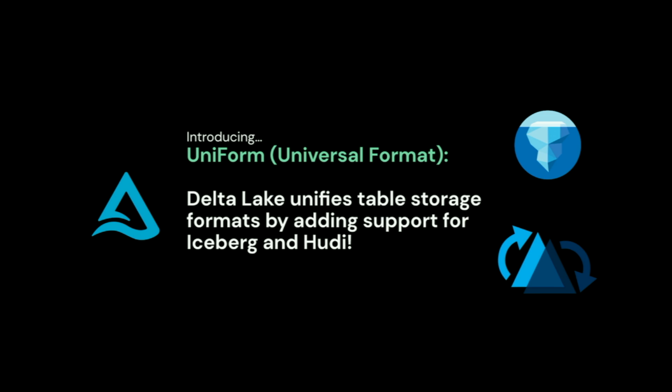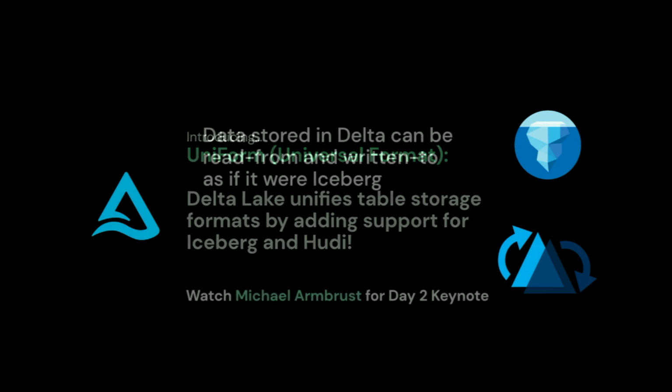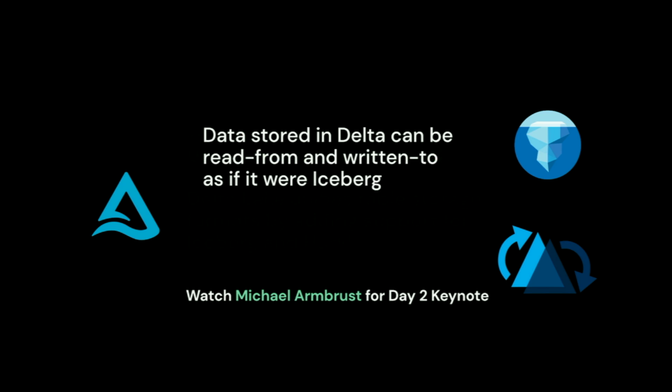This is another reason you should think about moving your primary data storage format to Delta Lake. Once you store it as a Delta table, it can be read from and written to as if it was an Iceberg table. This is milestone 1 for our UniForm project.